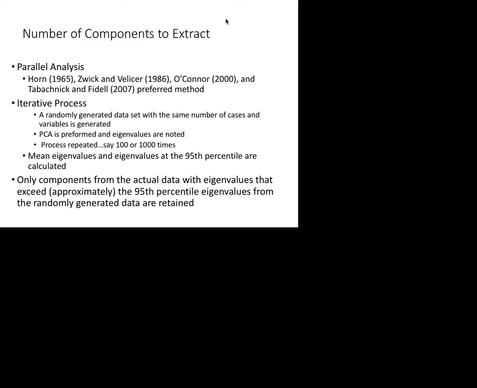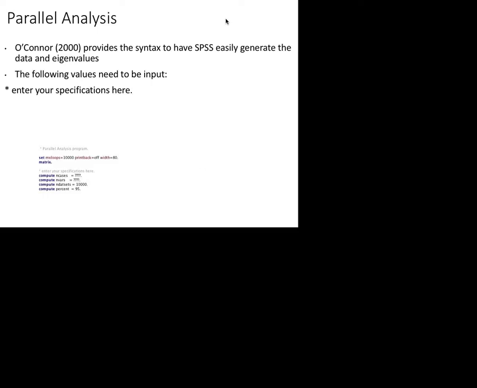So I'm going to show you how to do this, and I'll post to Canvas. It's a small bit of syntax that you'll use in the analysis. Essentially, we are going to give it 2 inputs. I think by default, principal components analysis is selected, so we don't have to worry about that.